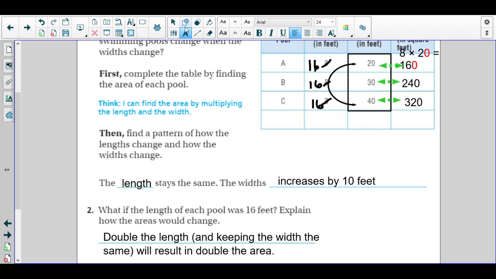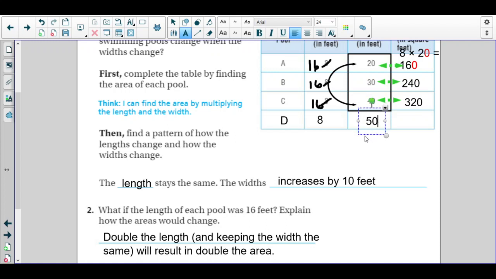What do you think would be there if we made that the original 8 and then we increased it to 50?